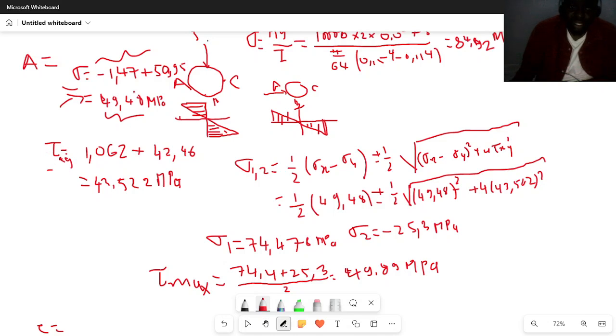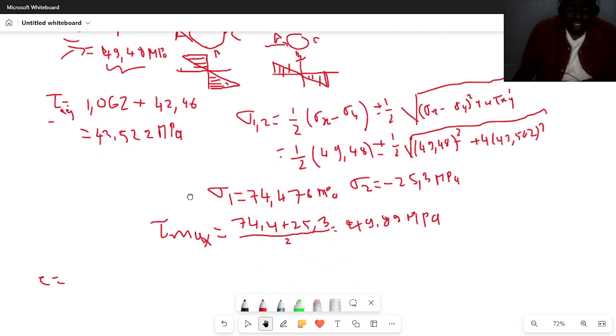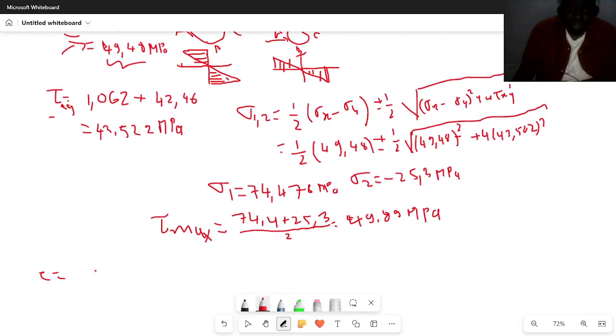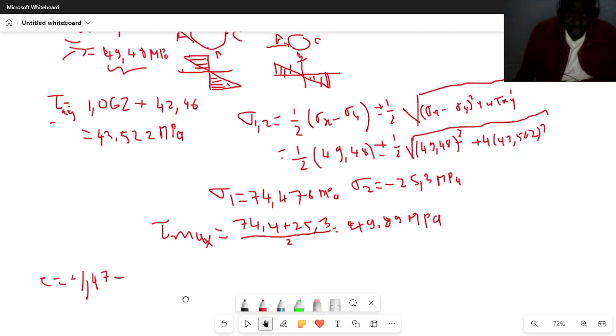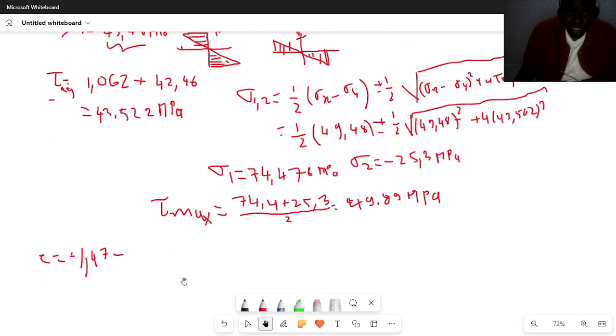No, it won't remain the same, because whatever A feels, C feels with the opposite sign. So basically you'll have negative 1.47, negative, what is that number again? Negative 50.95.